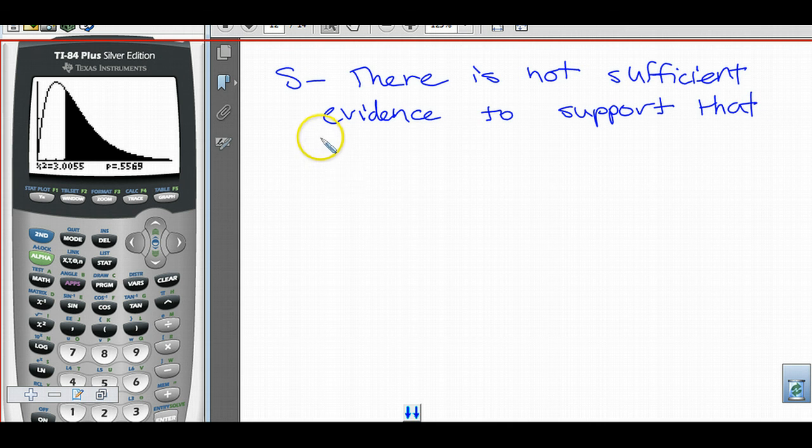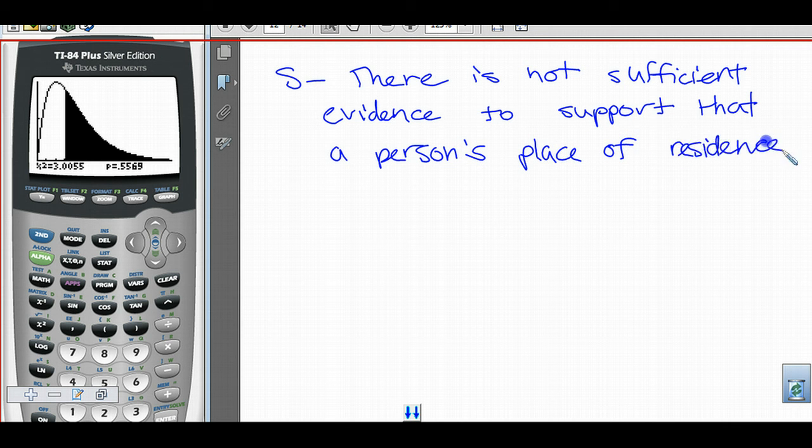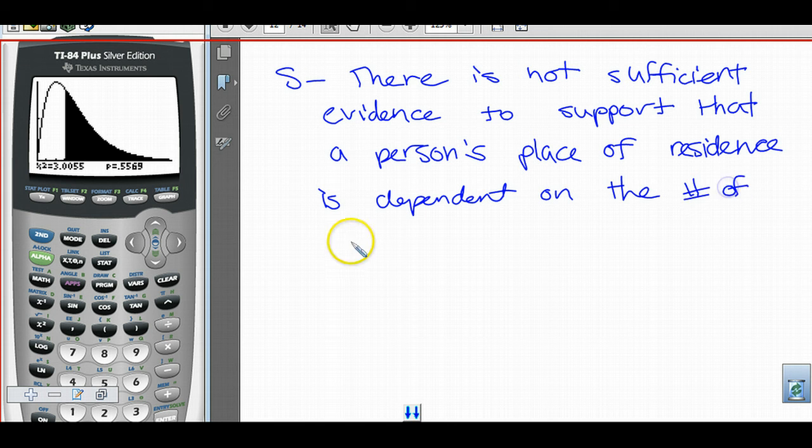So we'll say to support that a person's place of residence is dependent on the number of years of college completed.